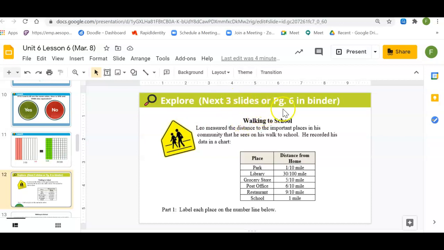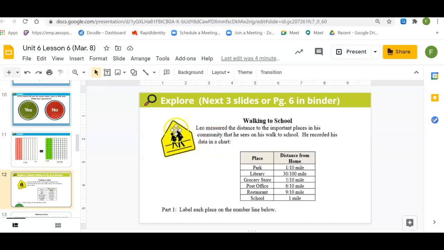So those are your choices: in the binder, on paper, or in the slides. Now remember, if you do it in your binder, then you would have to take pictures of your work and insert it into the slides in order for your teacher to see it. So let's take a look.